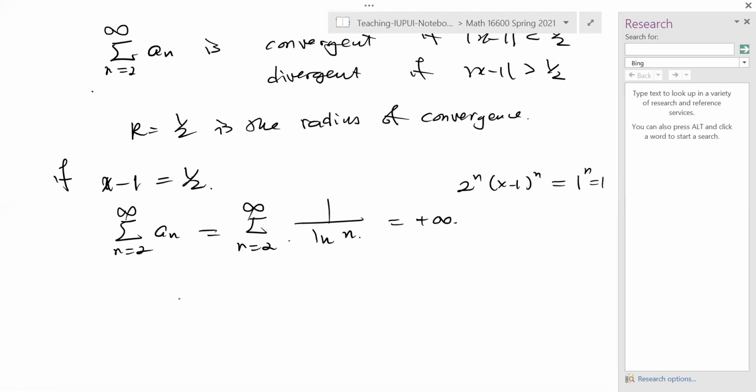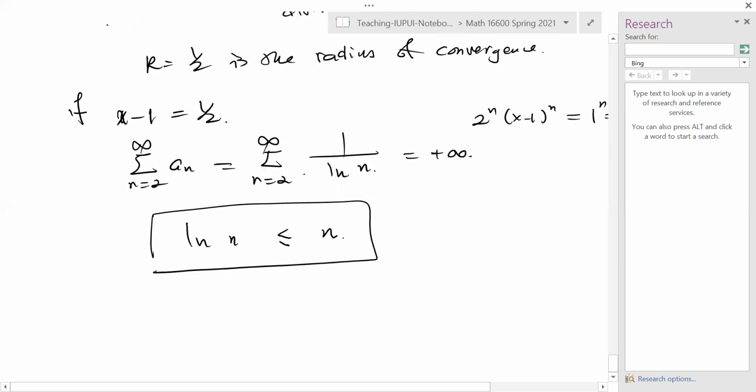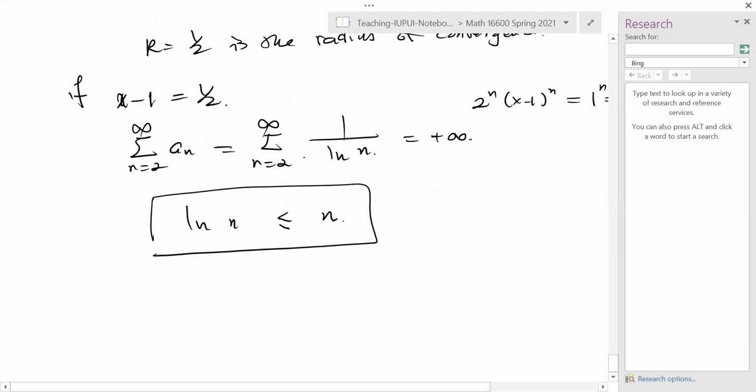But natural log of n is smaller than n, so we have to use this property: natural log n is less than or equal to n. And then you ask me, how do I know that? Well, we have to prove it, but let's accept this for now.